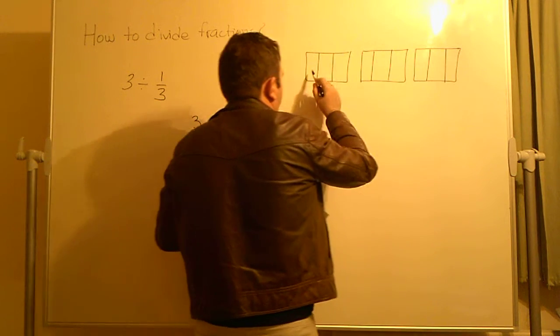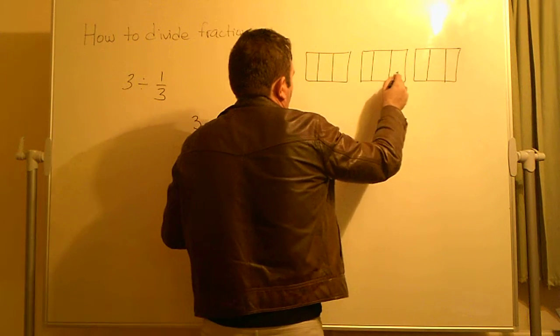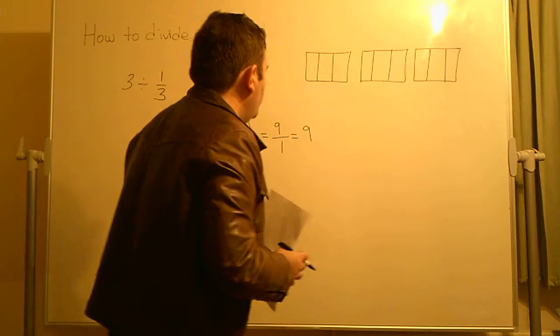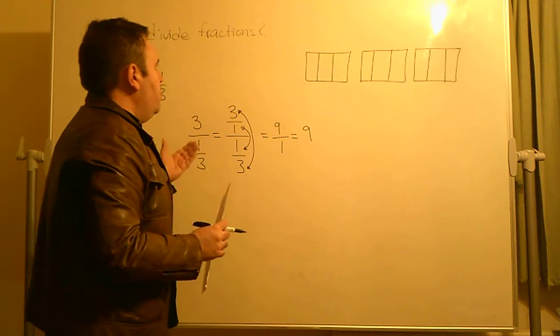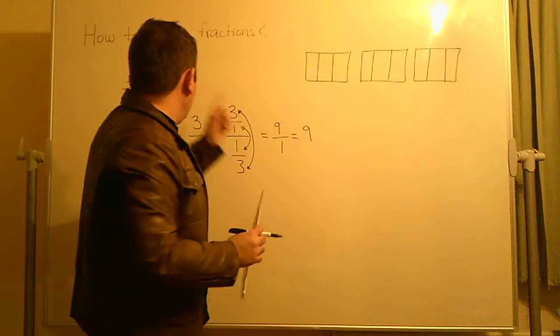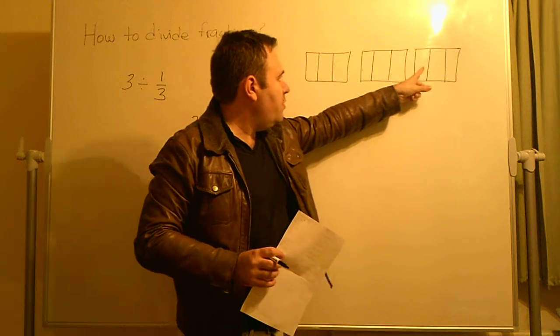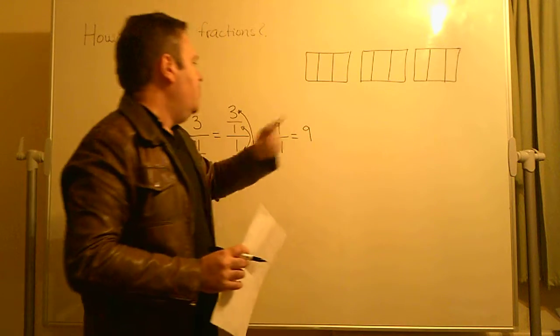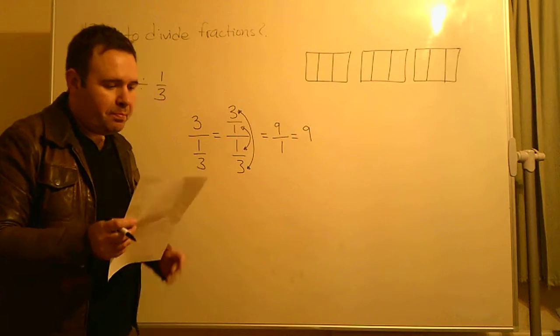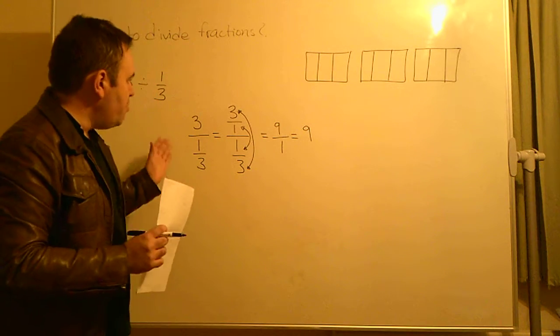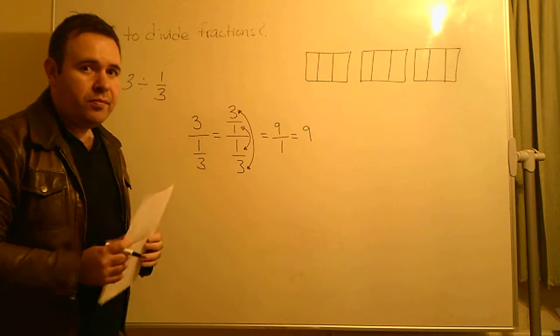So we have 1/3, 1/3, 1/3, 1/3, 1/3, 1/3, etc. So how many times can we fit 1/3 into 3 units? Well, 1, 2, 3, 4, 5, 6, 7, 8, 9. That's why it gives us 9. So this is the reason why we do it like this. Okay?